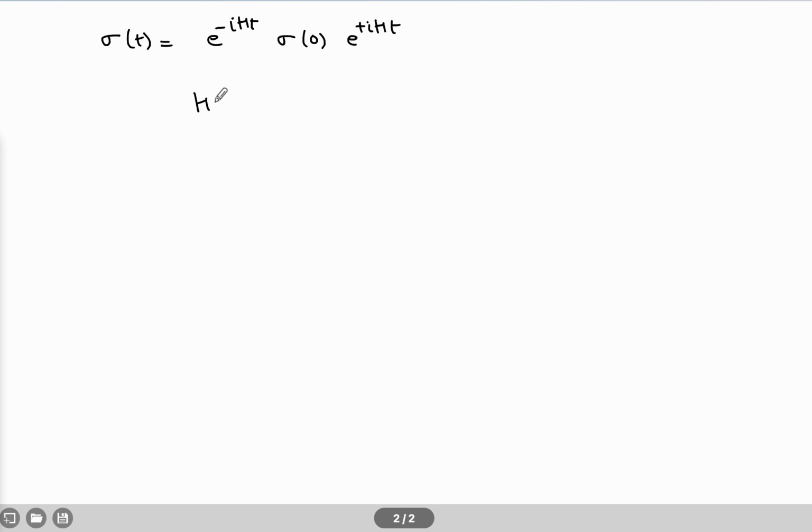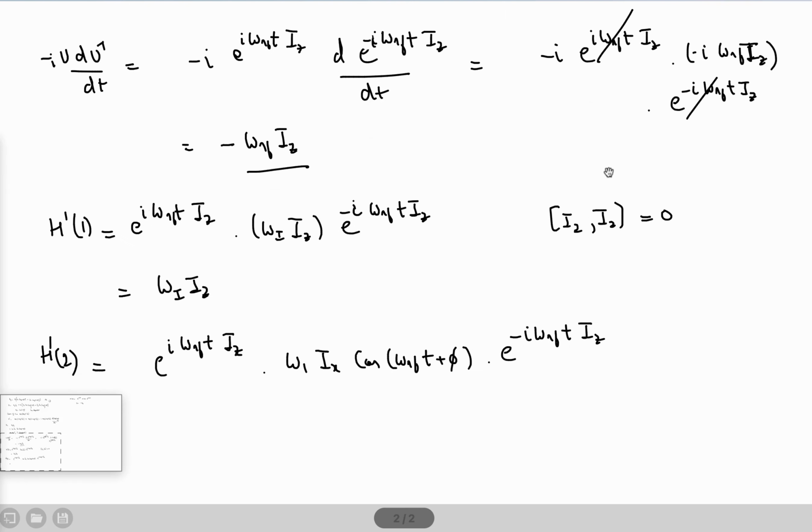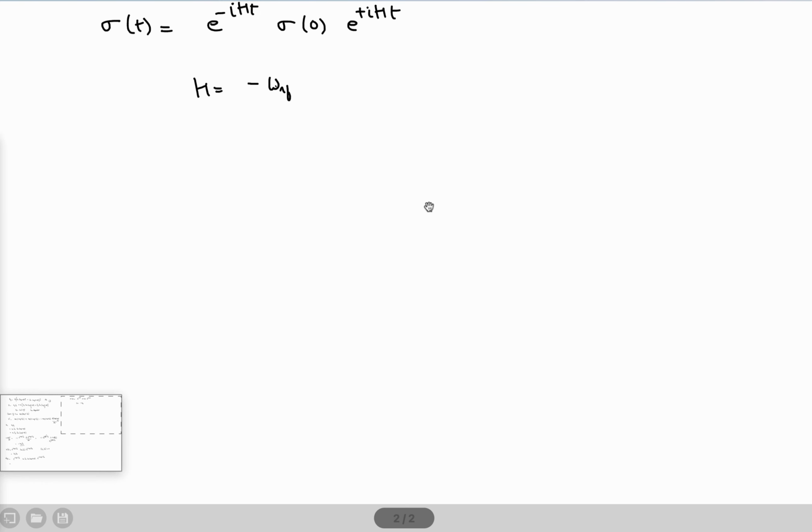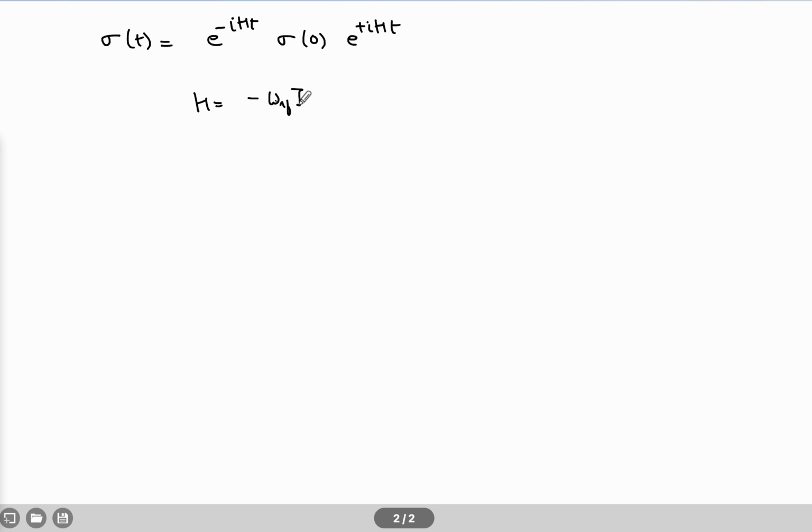In the current case, H is equal to minus omega RF Iz, and the sigma 0 part is nothing but omega 1 Ix cos(omega RF t plus phi).